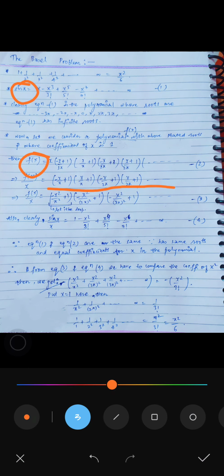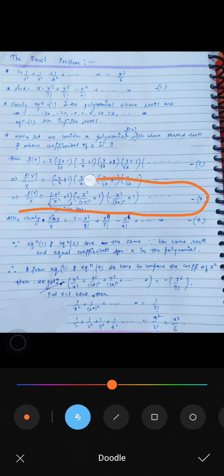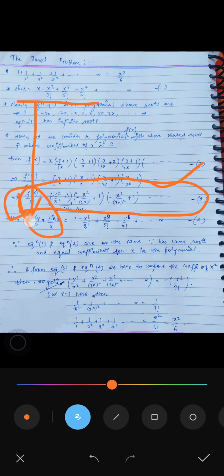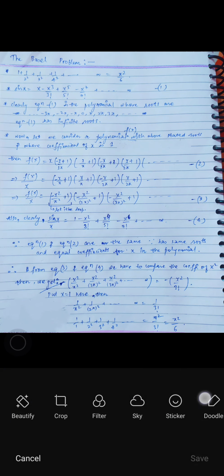Writing the whole sequence again like this will give me f of x like this. Also sin of x over x can be written like this, you can easily see that. Since f of x is equal to sin of x, these two equations are also the same.